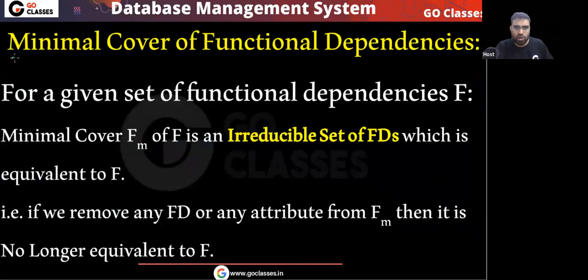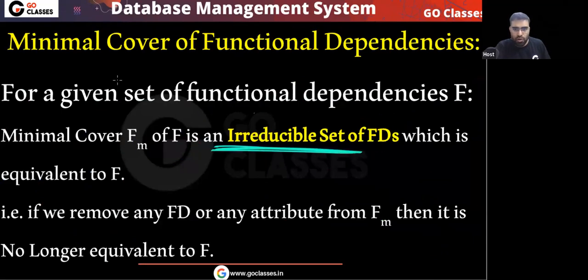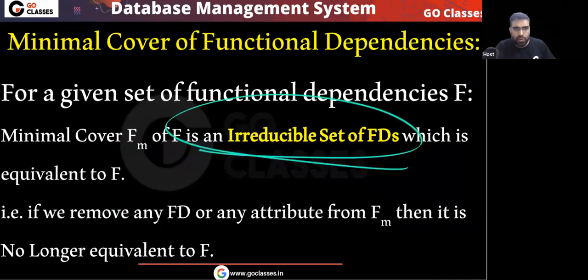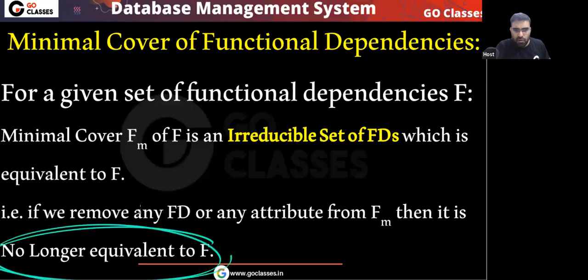So this is the definition of minimal cover. If anyone asks you the definition, for a given set of functional dependencies, the minimal cover is an irreducible set of FDs, meaning you cannot reduce further. If you remove any attribute or any FD, then the result will no longer be equivalent to F. The name itself tells you minimal: you cannot remove anything.